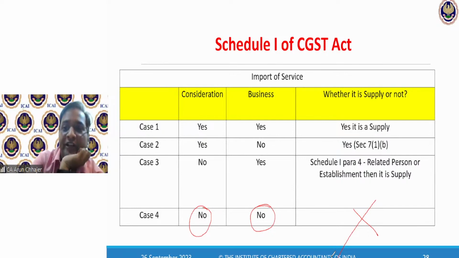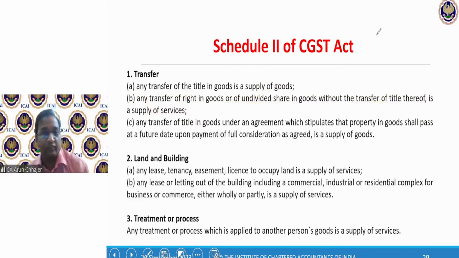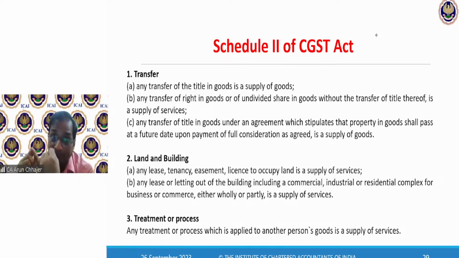Now the next point. We will do the discussion 15 more minutes and then we will move to the quick round of question answer, which is more important. Now we are moving to Schedule 2. What is Schedule 2? Schedule 2 is deciding whether a transaction which is a supply is a supply of goods or a supply of service.